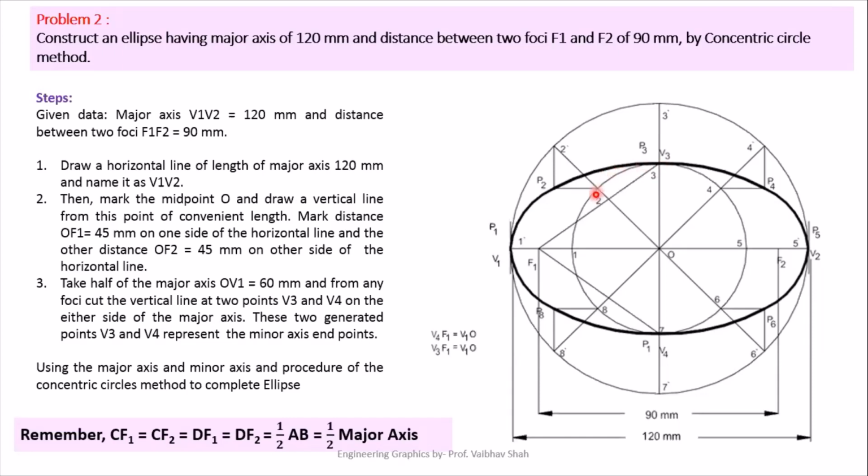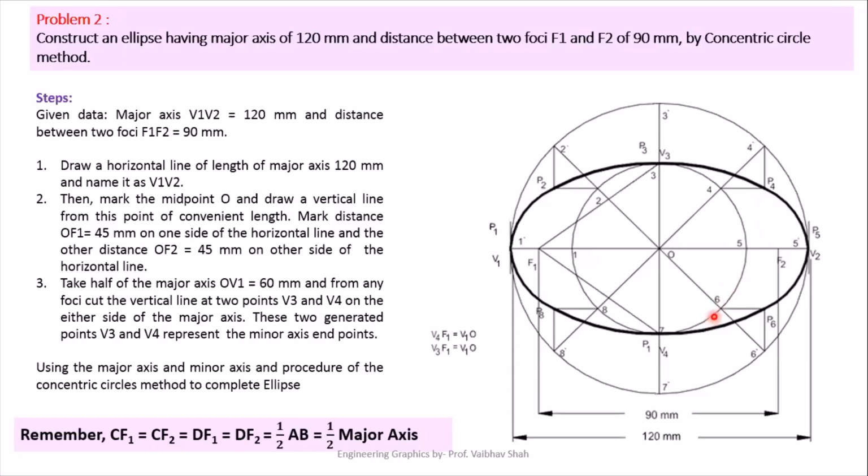Now after that we'll be drawing horizontal lines from each of the points of your inner circle or smaller circle. These horizontal lines would be in the outward direction to the circle. This will be your horizontal line from your point, which is in the outward direction from the circle.